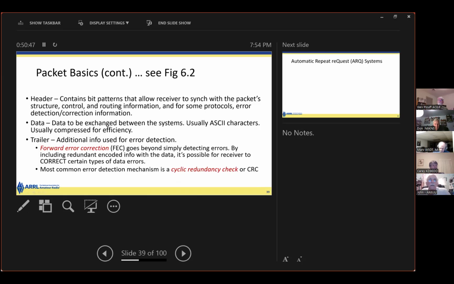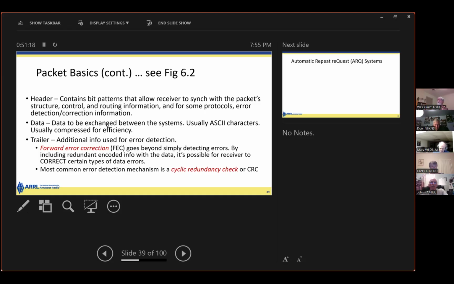The trailer is used for error detection, sometimes error correction, and most often includes something called a cyclic redundancy check, which is a fancy math way of mashing together all the bits in the data segment to get a data signature that's hard to duplicate by any other data pattern.